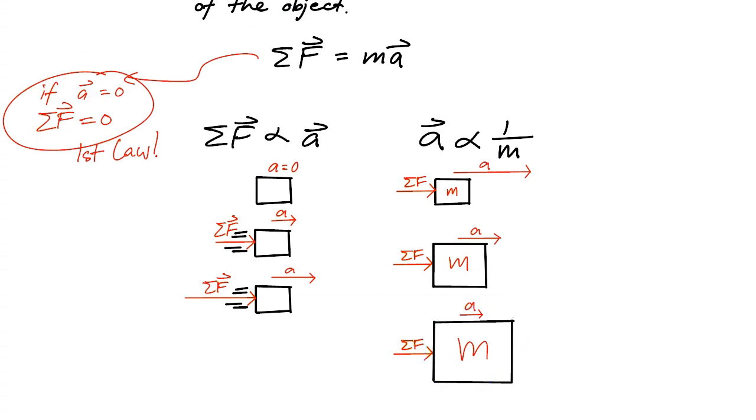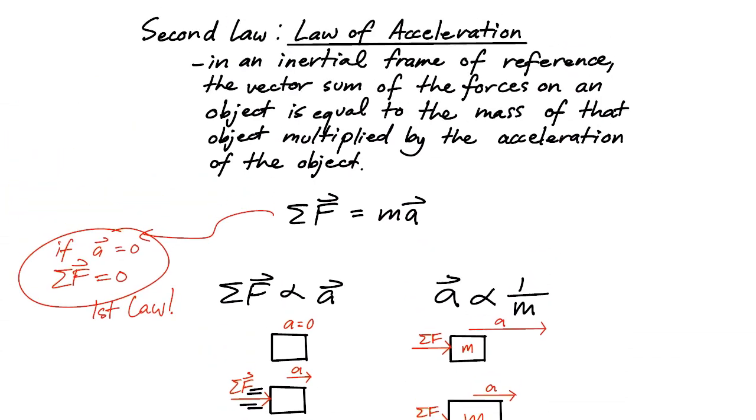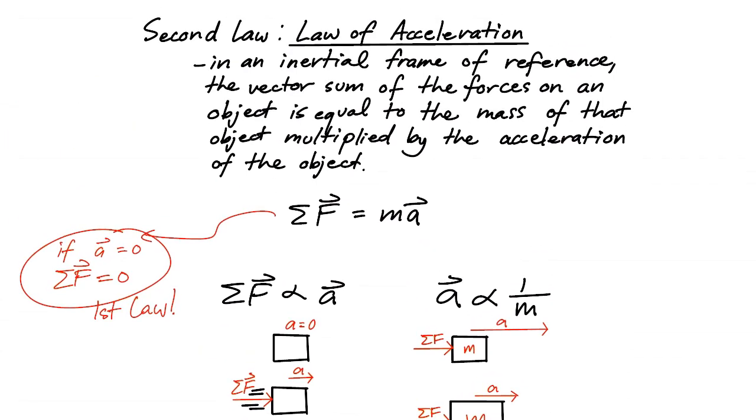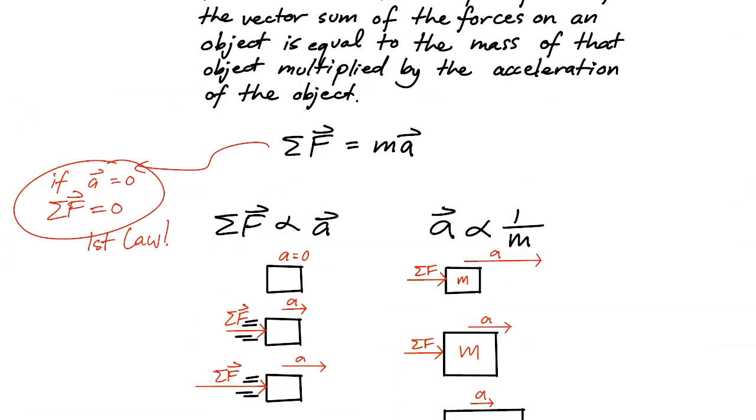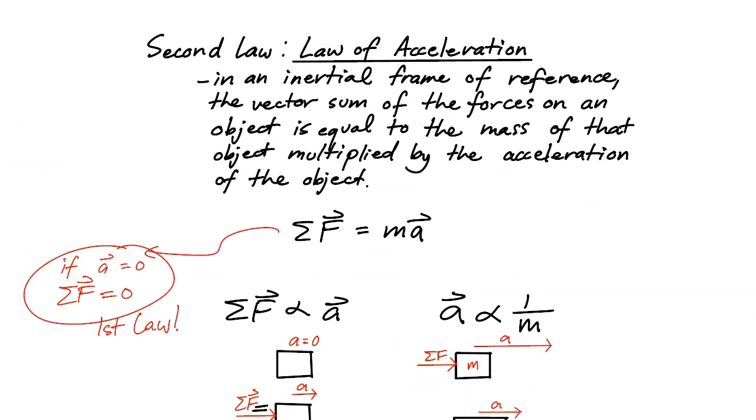So, yun yung makita natin na behavior ng objects when we apply net force to it. The more net force we apply, we expect na mas lalaki pa yung acceleration ng object. But if we apply this net force to a much more heavier object, maliit lang din yung ini-expect natin na acceleration. So that is Newton's second law, the law of acceleration.